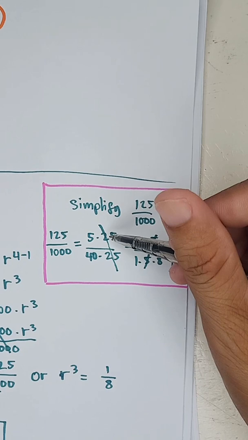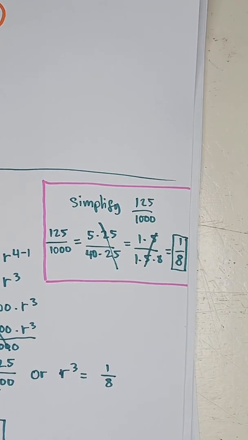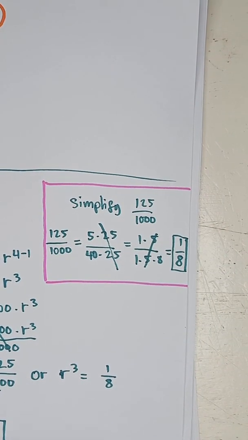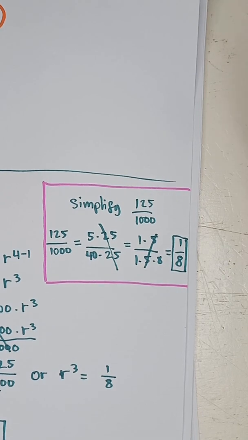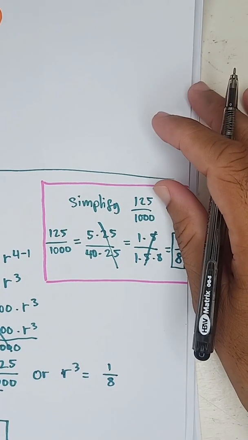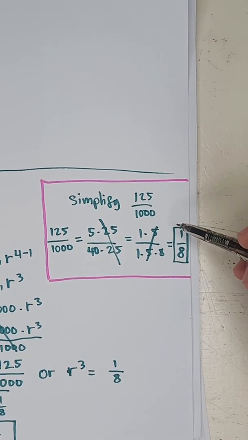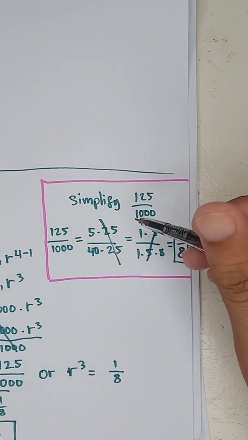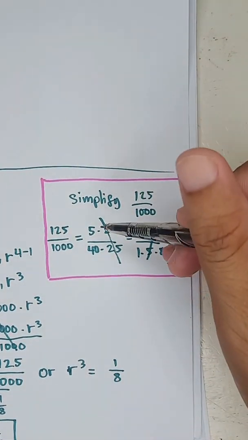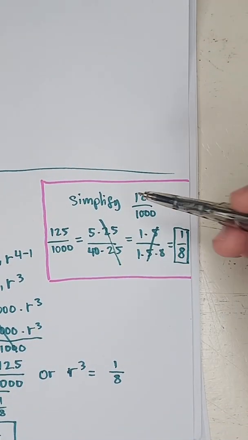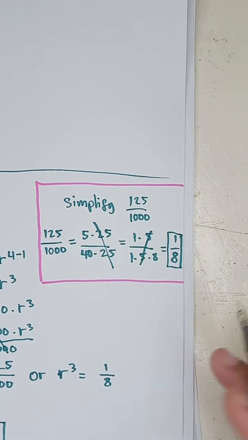Kasi para makancel ko, para mapababa natin yung numbers. Para pag mababa yung numbers or pag smaller number yung ginamit natin, ay mas madali na lang yung pag-compute, diba? Pag smaller numbers yung ginamit. So 5 over 40, still hindi pa rin siya simplified form ng 125 over 1,000.